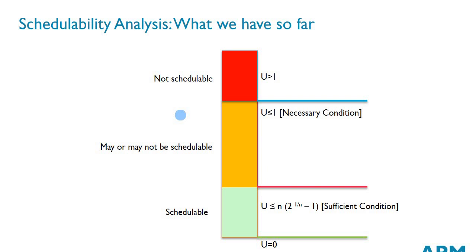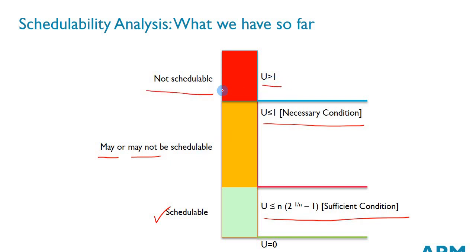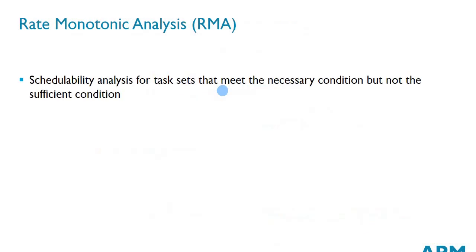If my utilization is less than the utilization bound, it is sufficient, which means it is definitely schedulable. But if it's less than or equal to 1, it's necessary, but it may or may not be schedulable. As long as the utilization is greater than 1, it is definitely not schedulable. So that is the summary of the schedulability analysis.